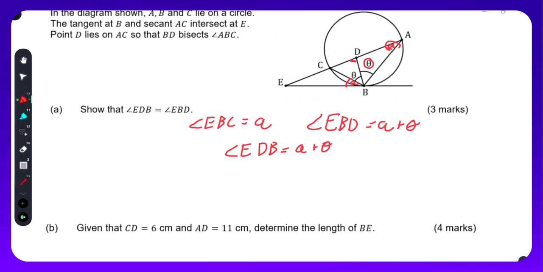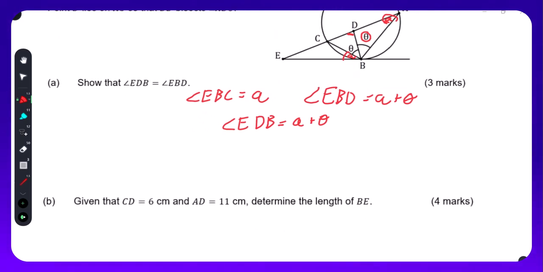And I'll show an example of that. So if we had theta and we had alpha, this angle over here would end up being 180 minus alpha minus theta, and therefore this one here is going to be the inverse of that, of sorts.